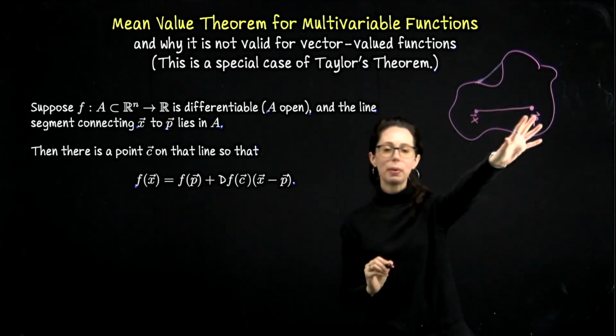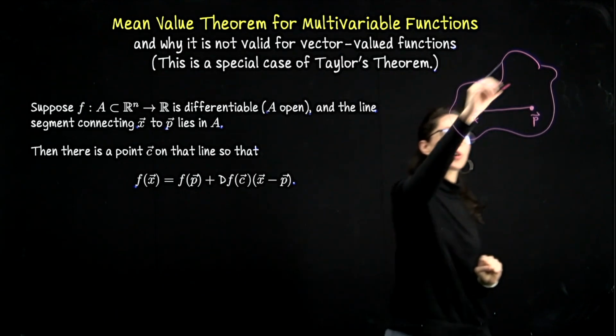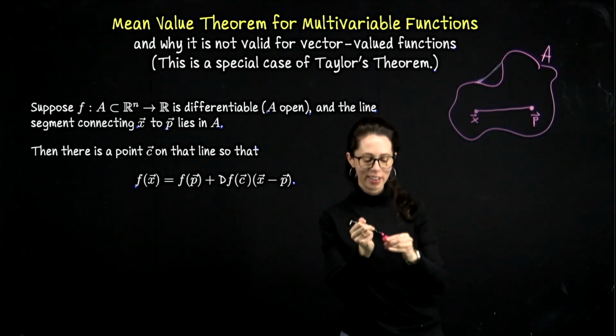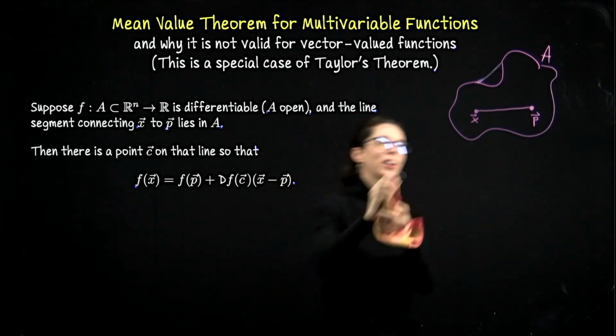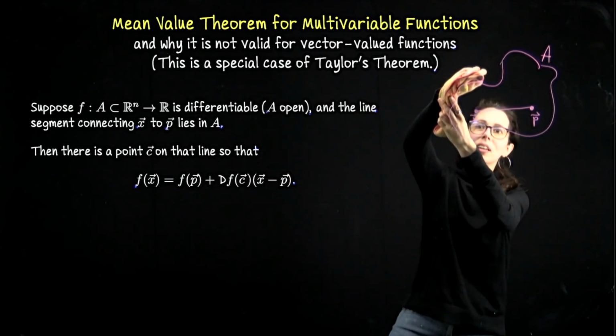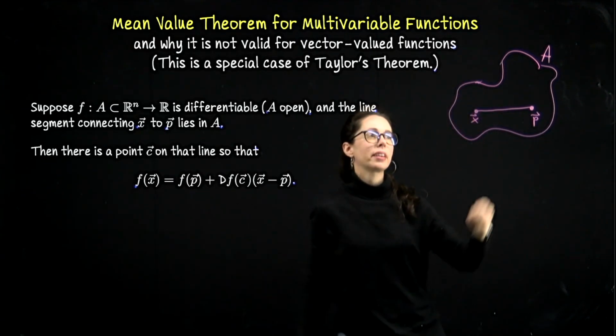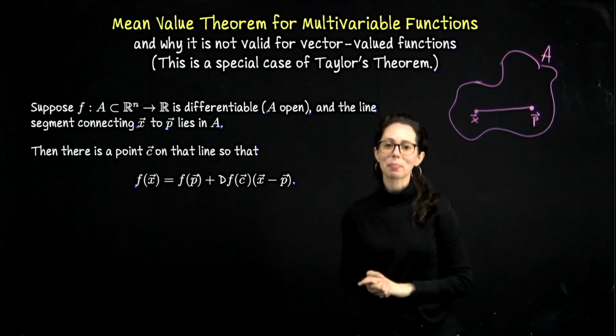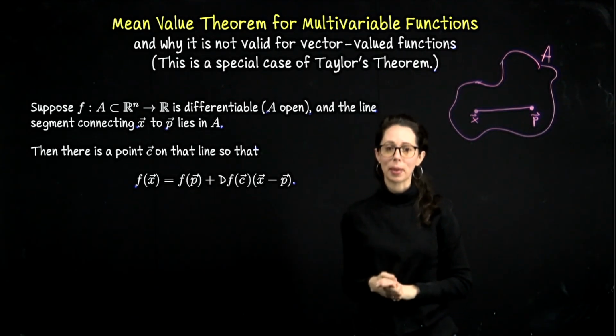And X, P, and the straight line segment all live inside of the domain A. You wouldn't want to use this theorem if I was trying to connect a point here to a point here. That just wouldn't be good because the straight line segment connecting those 2 points passes outside of the domain.